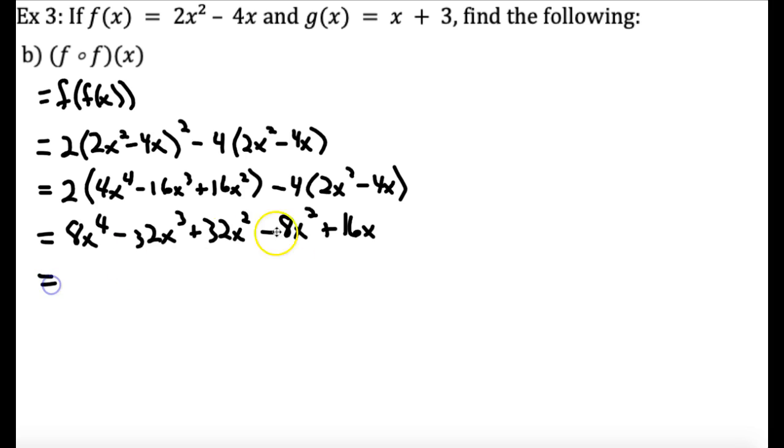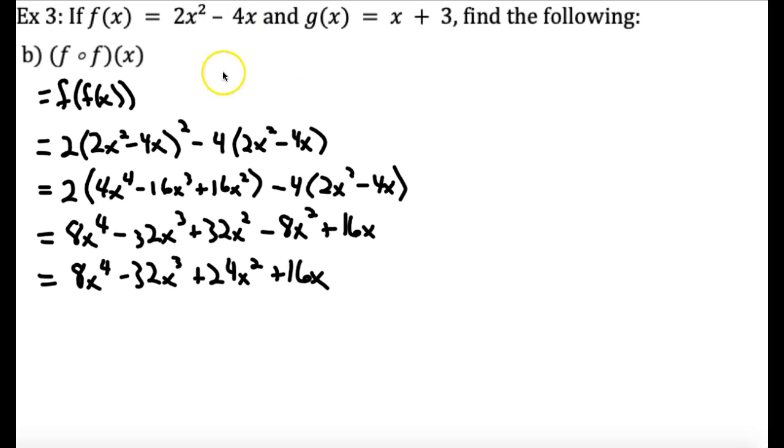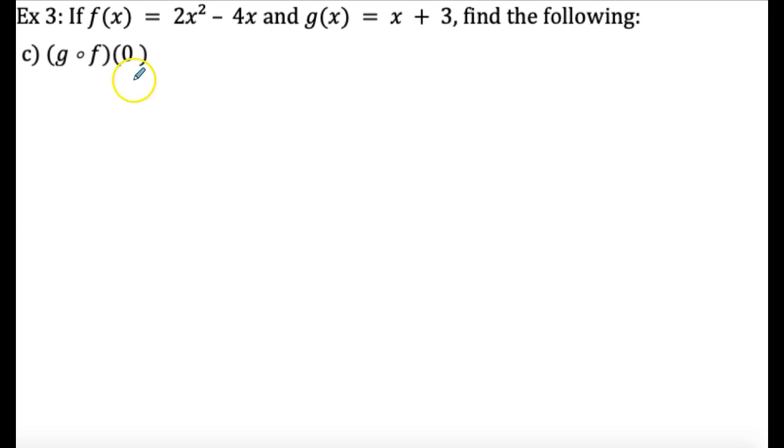So my only like terms to combine are the squares here. So I end up with 8x to the 4th minus 32x cubed plus 24x squared plus 16x. All right, and again, no domain restrictions because the domain of this function is negative infinity to positive infinity.